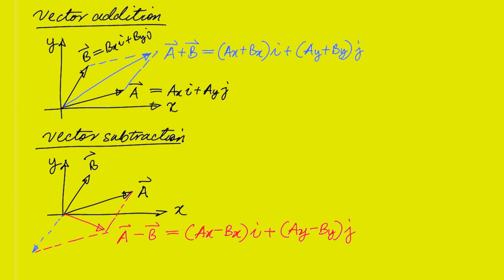Now we're ready for the dot product between two vectors. Let's try to draw vectors A and B and mark the angle between the two vectors.